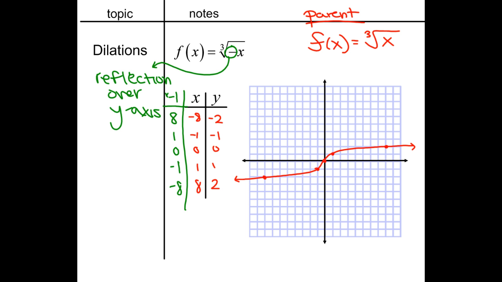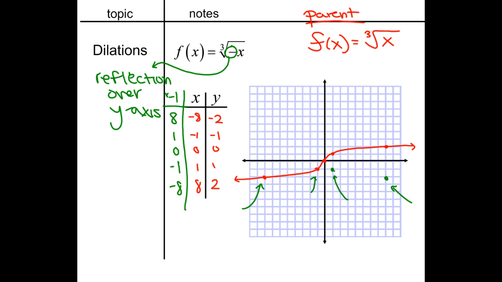Now the first point we graphed on this one was here. The first point we're going to graph on the next one is right there. Notice where it flips. It flips over your y-axis. Now our second point that we would graph is right there. And the second one we're going to graph when we're graphing our new function is right there.